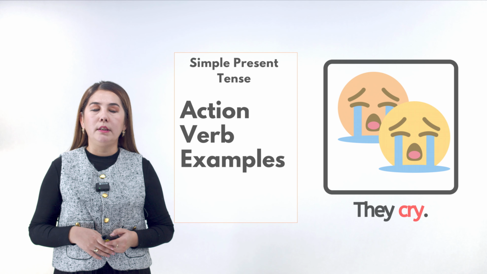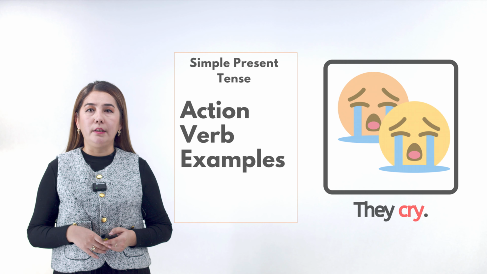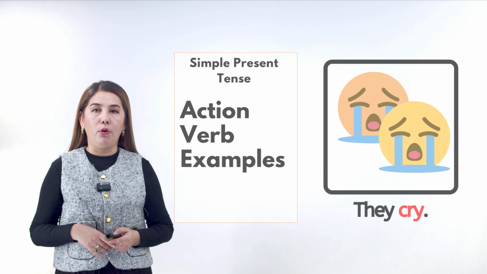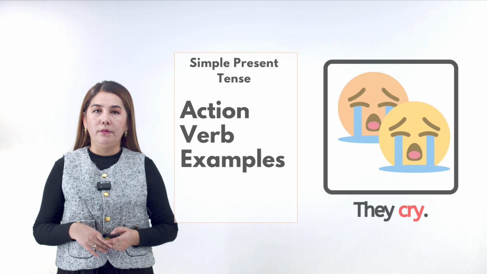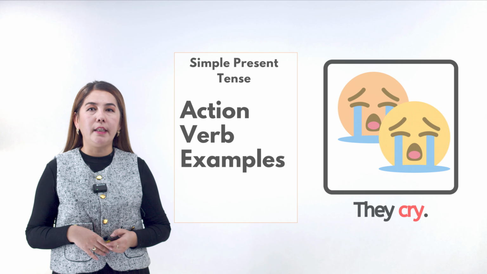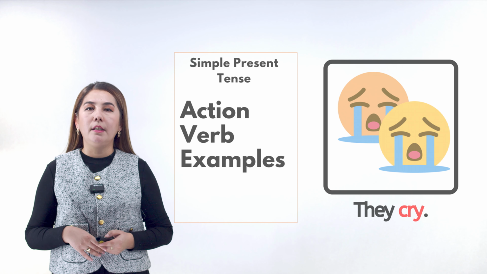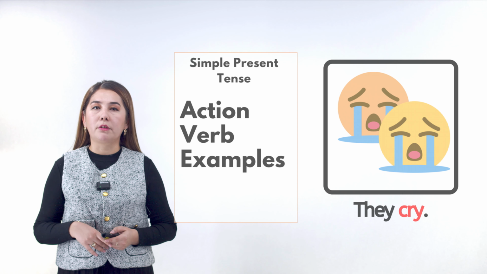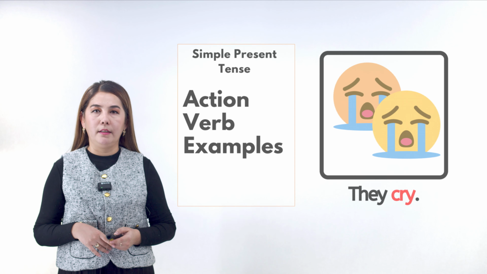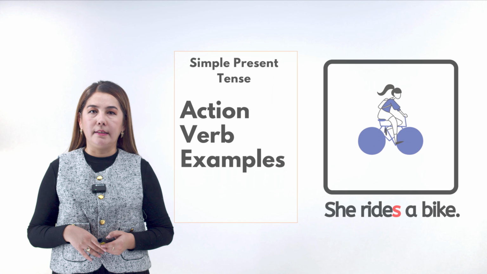There is no es or s because the verb is in infinitive form. Cry. They cry. Do they cry? And in the negative form of the sentence, they don't cry.